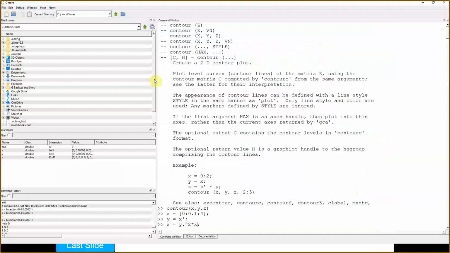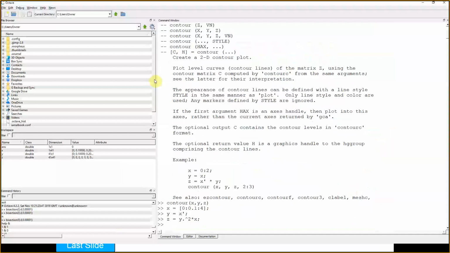Because the column must come first, then the row second. And then I do the contour of that now.